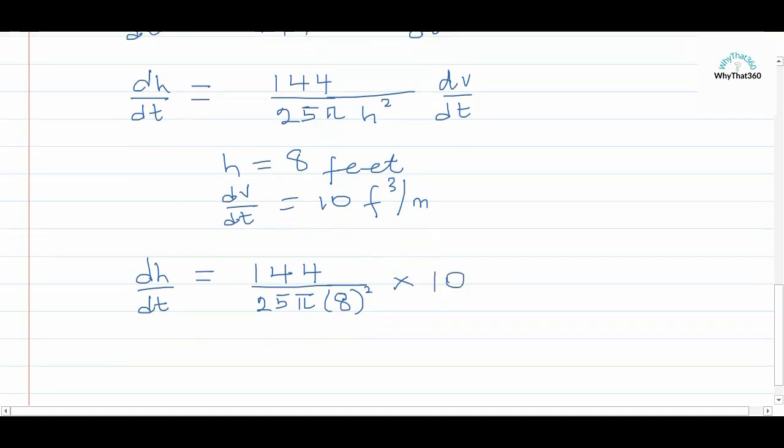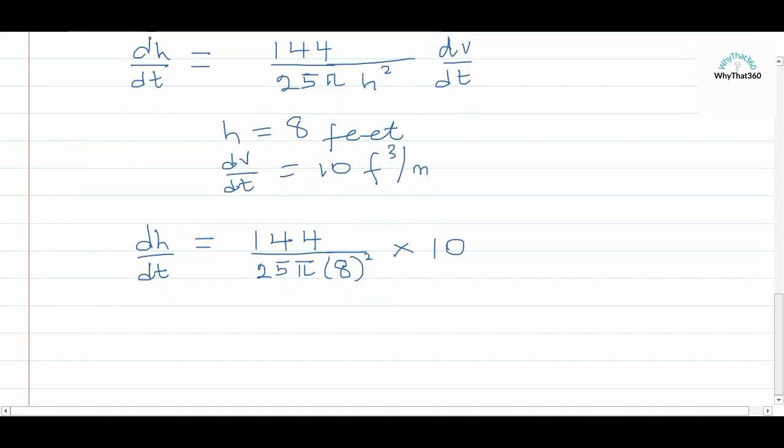So simplifying this, let me use a calculator here. 144 divided by 25, divided by 8, times 10.